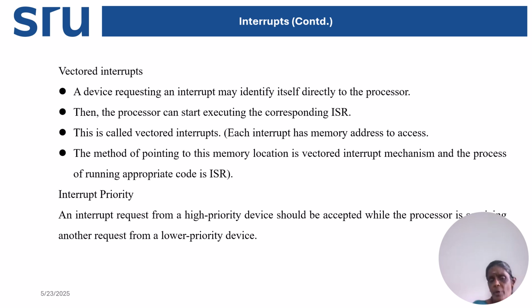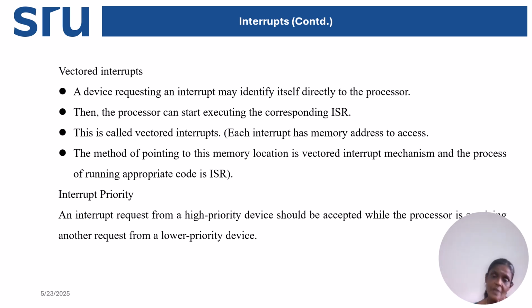Whatever work is being performed by the processor should be stopped, and then it will start executing the high priority interrupting device, and another request from a lower priority device. Suppose the priorities of the interrupts are given, low priority, high priority, like that.